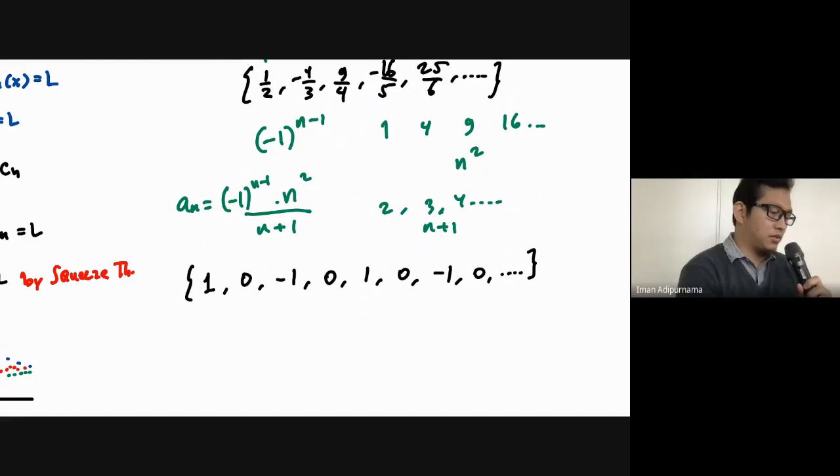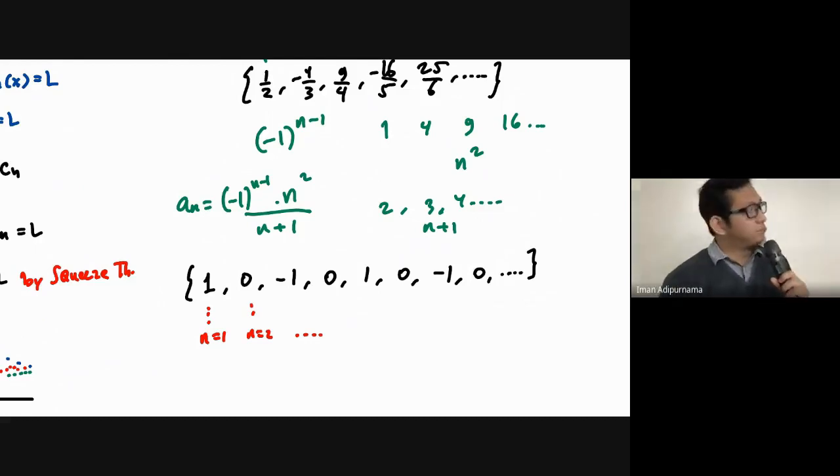So this is n equal 1, n equal 2, and so on.